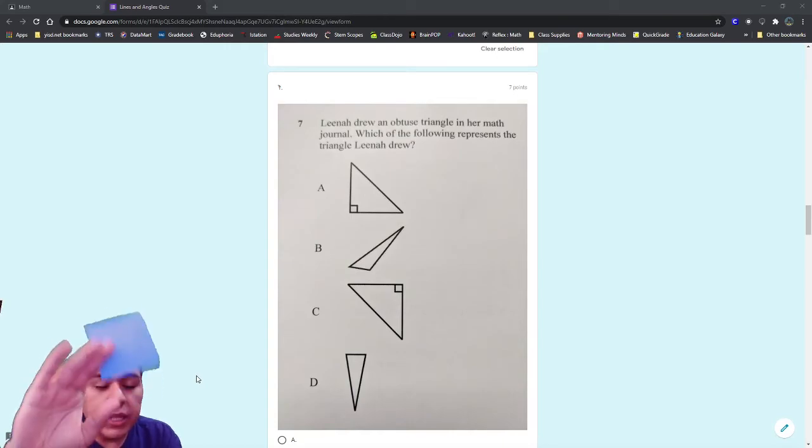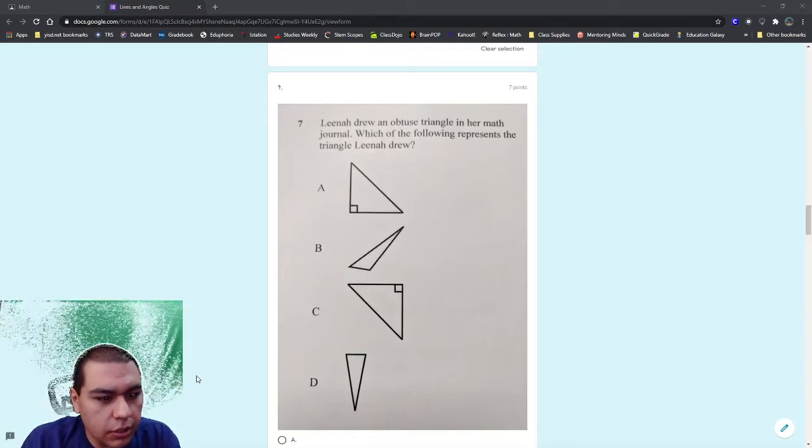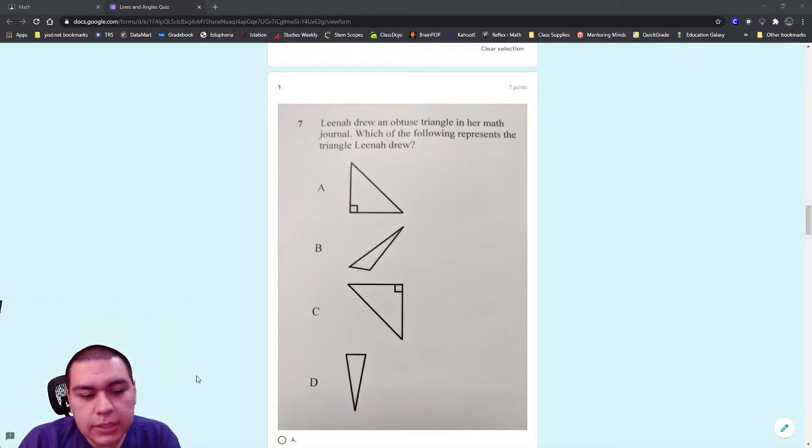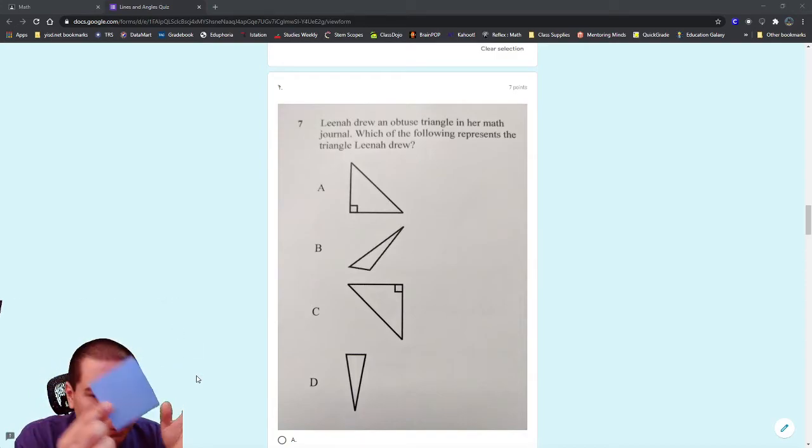Because sometimes when they take an angle and they just tilt it just a little bit to one side or to the other, it might make it look like it's bigger or smaller than it really is. But I like your idea. So you're thinking answer choice B looks pretty good. I'm going to check it.